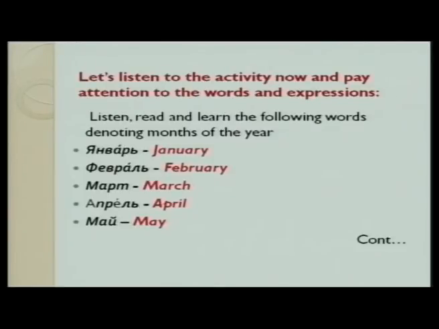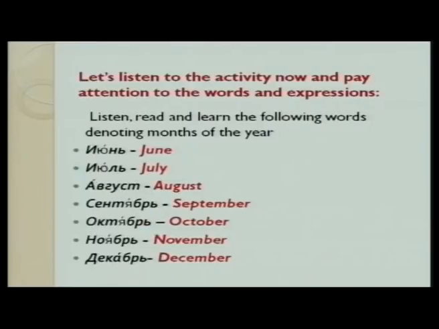They are январь, февраль, март, апрель, май, июнь, июль, август, сентябрь, октябрь, ноябрь and декабрь.